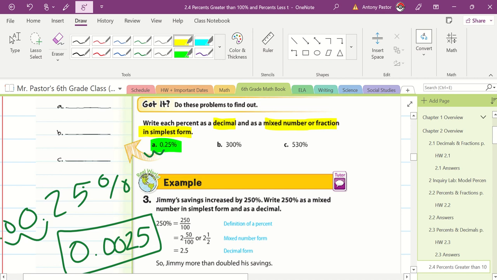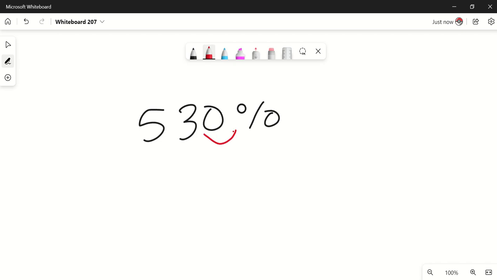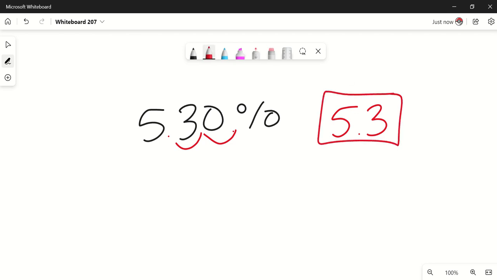For 530%, again, the decimal at the end jumps twice. I will have 5.30, but the 0 will fade away. So as a decimal, it'll be 5.3. As a mixed number, it will be 5 and 3, and the 3 is in the tenths spot.